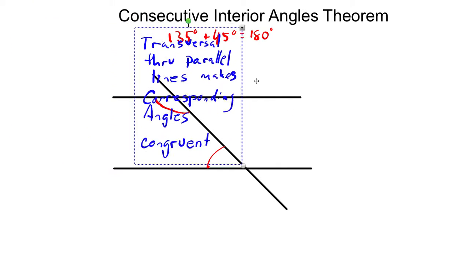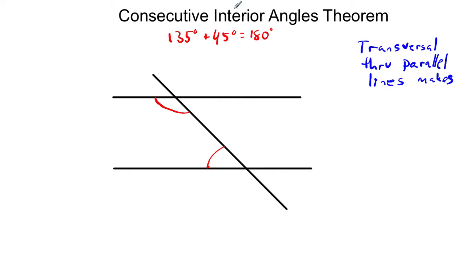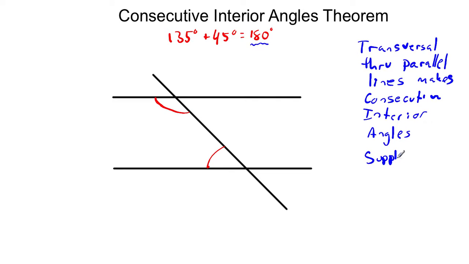So now our rule is when a transversal cuts through parallel lines, it makes consecutive interior angles, well, not congruent, but if angles add up to 180 degrees, we call that supplementary.